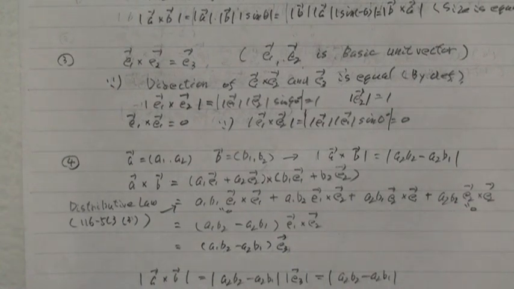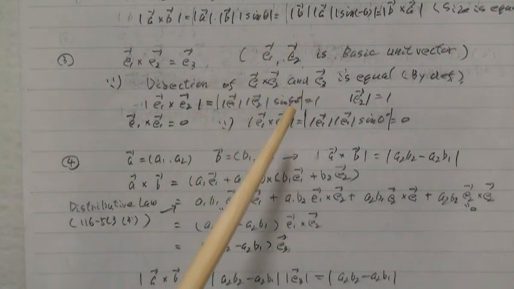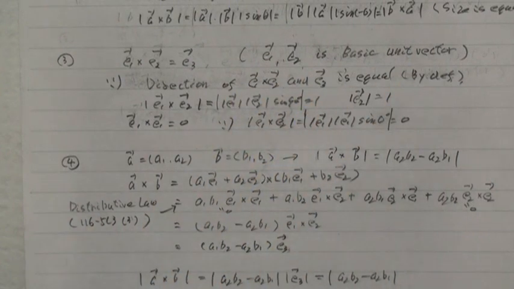E1 vector outer product E2 vector equals E3 vector, because the direction of E1 outer product E2 and E3 is equal by definition.